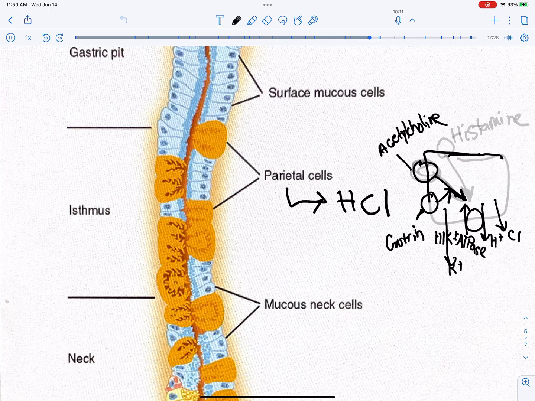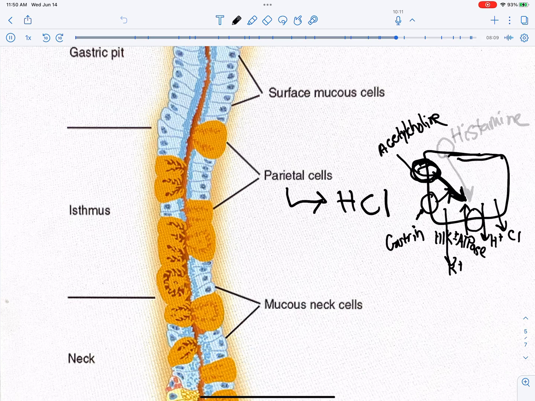And over here, I will just draw a mechanism for which the parietal cell produces acid, because there's a lot of things that bind to it, and ultimately it's an ATP-regulated event. Basically, the presence of a food bolus in the stomach stimulates the release of acetylcholine, which then, as we see here, binds to the parietal cell receptor, which triggers ultimately the production here of acid.